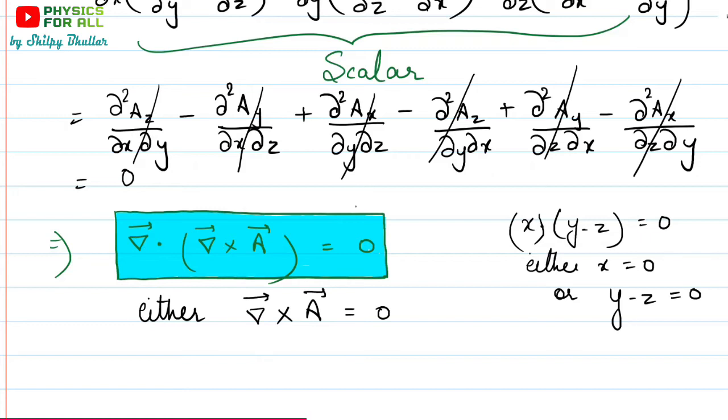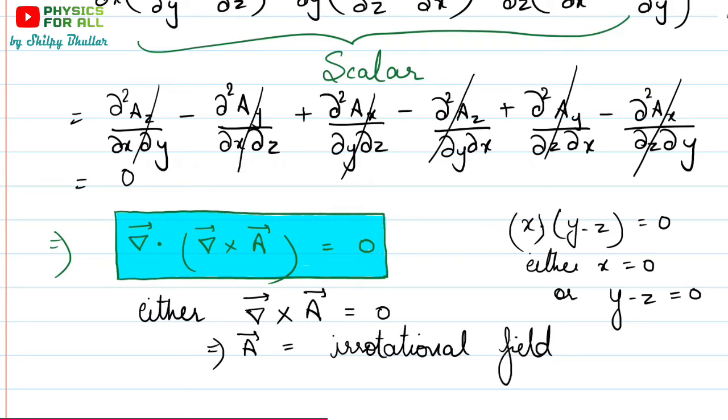That if this whole term is 0, that implies either this del cross A is 0, or something else. If del cross A is 0, that implies that A is an irrotational field.